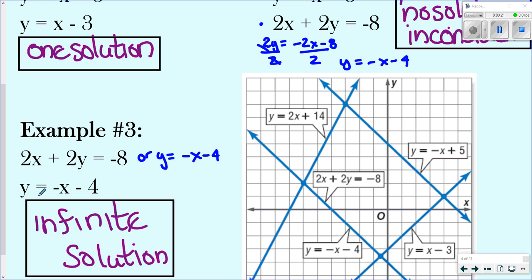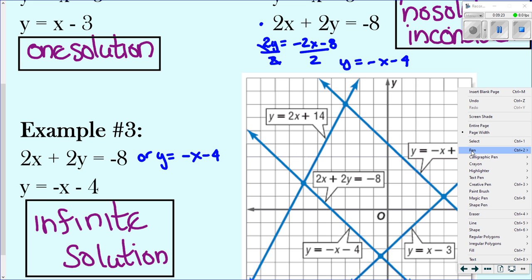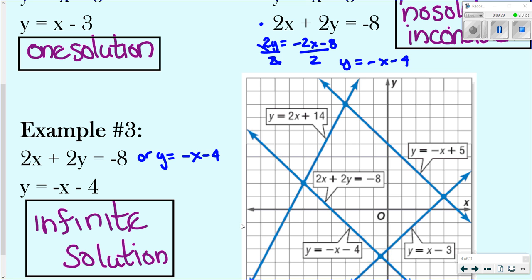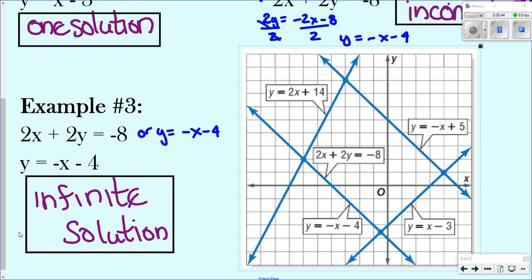So notice that they're the same line. If they're the same line, it's going to be one on top of the other. Notice how the bubble is pointing to that line. When you have the same line on top of another, they have lots of points in common. So it's infinitely many solutions between the 2 lines.